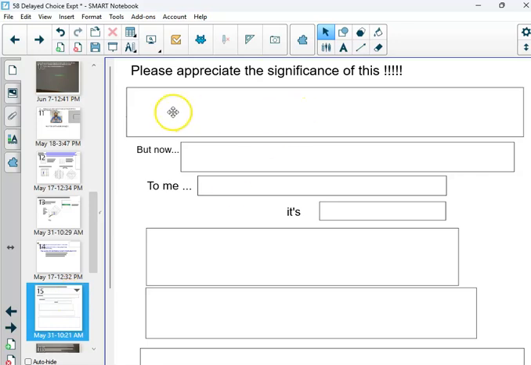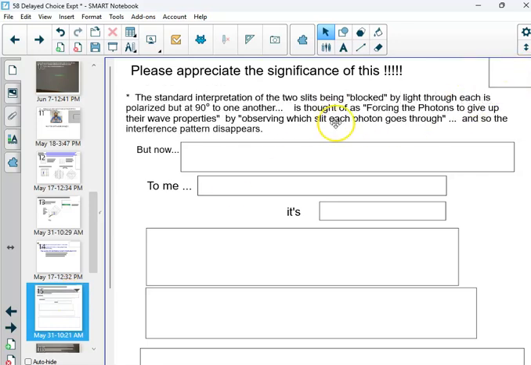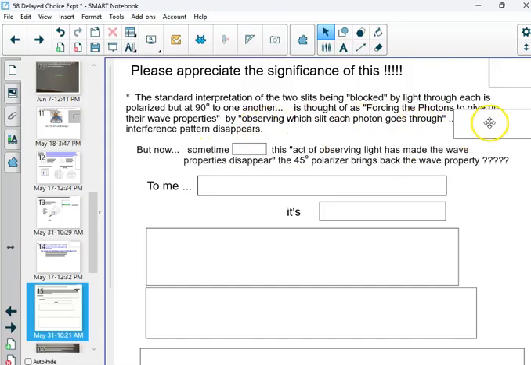Kind of bizarre, right? So please understand the significance of this. The two slits were blocked by light polarized 90 degrees from one another, so you're blocking light. It was thought this was forcing photons to give up their wave properties, because you're observing which slit they go through, so the interference pattern disappears.